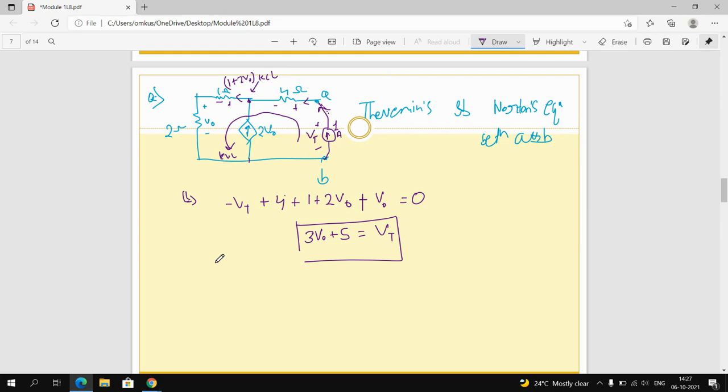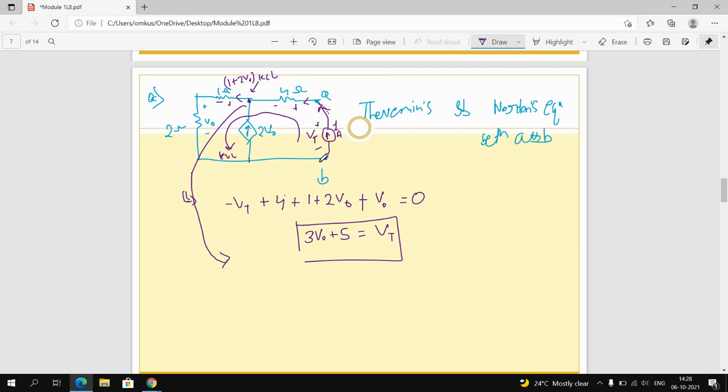Now see, our aim is to find VT, right? Now apply KVL here. Where is that last v naught coming from, the 2 v naught plus v naught?